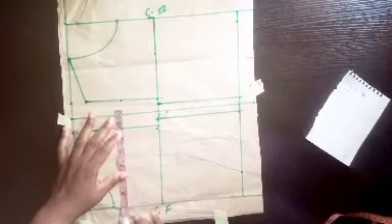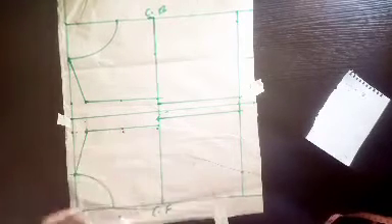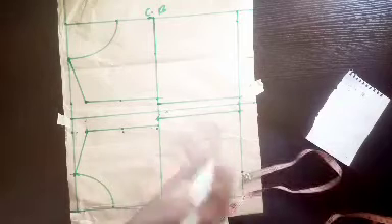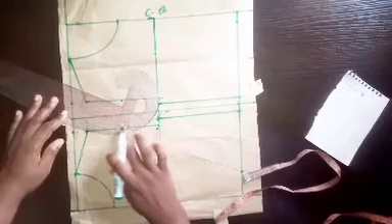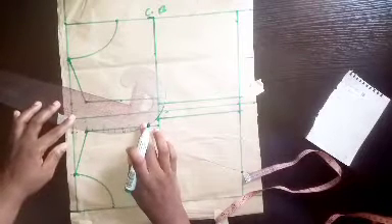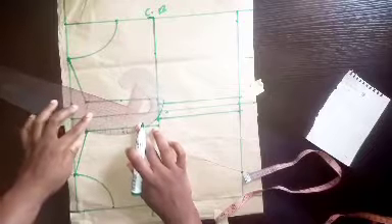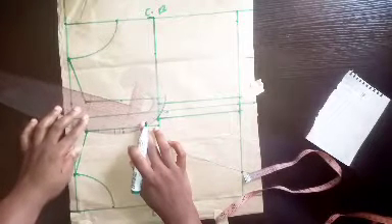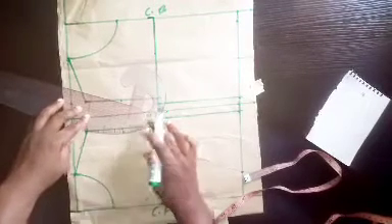Then for the front, from that 2.5, I will come in by 1/4, and I will use my curved ruler to curve it to the chest measurement. For this, you have to rotate your ruler to have a perfect armhole.